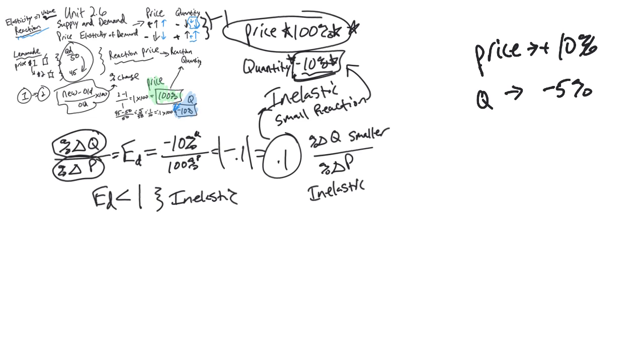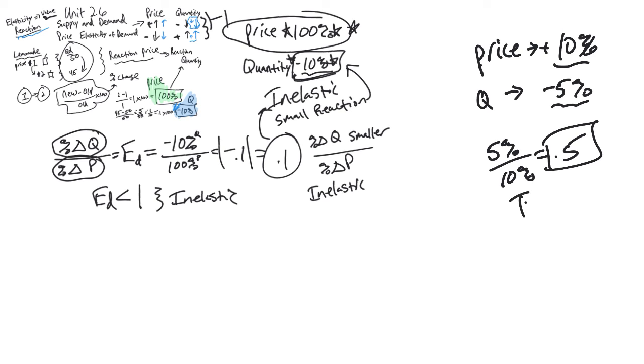Would this be elastic or inelastic? Remember, this one is smaller than that one. So we take 5% divided by 10%, which equals 0.5. 0.5 is less than 1, and therefore this is inelastic.